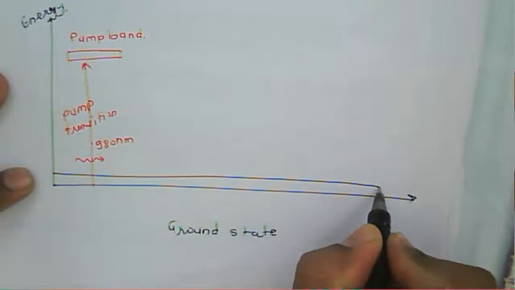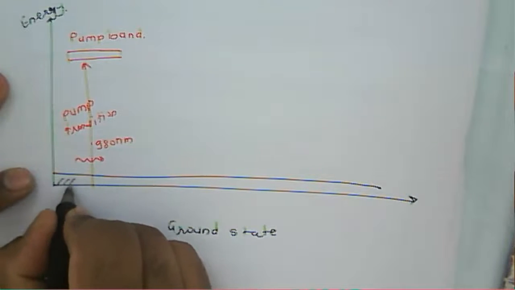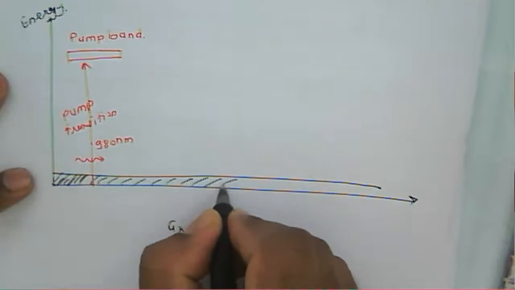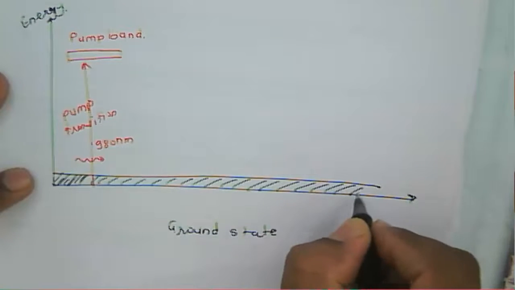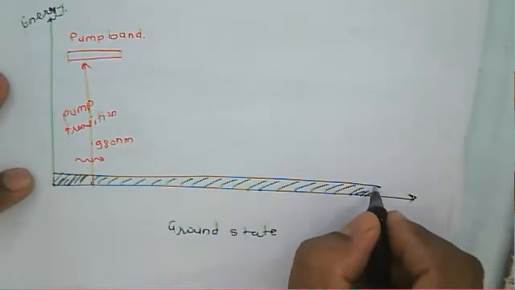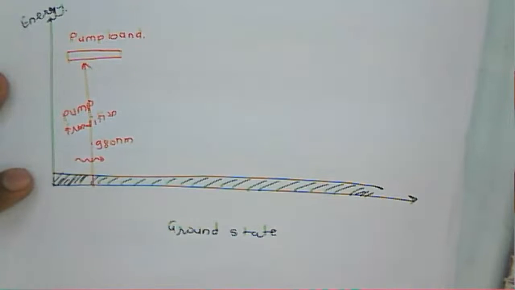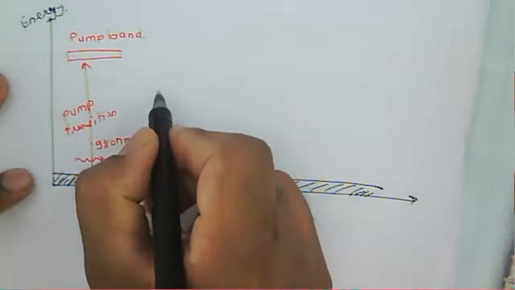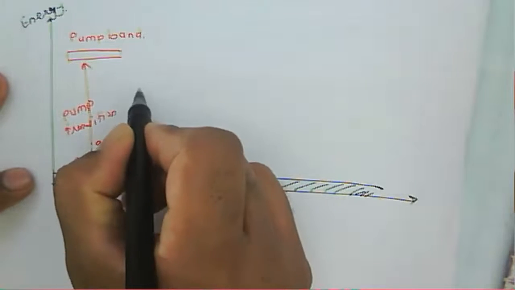Here we have photons of energy raising the ions from the ground state to the higher energy state.